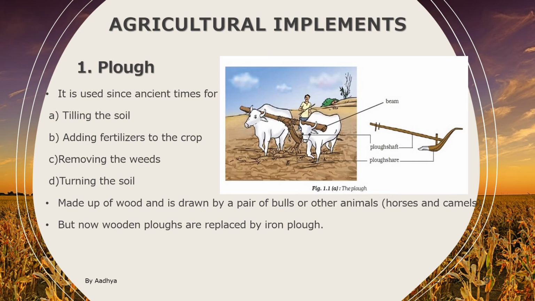This beam is kept upon animals, and the animals will move, and along with this the turning and tilling of the soil takes place in the whole field, right? And this is made of either wood or iron. In the current time it is made of iron, but in the earlier days it was made of wood, right?